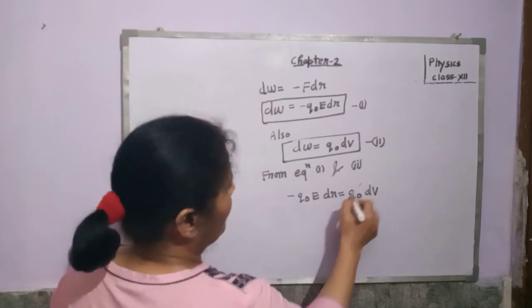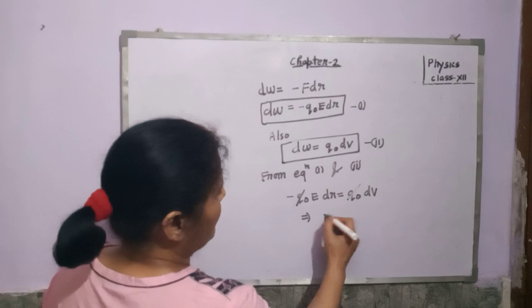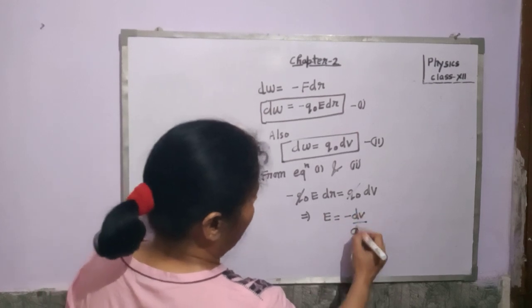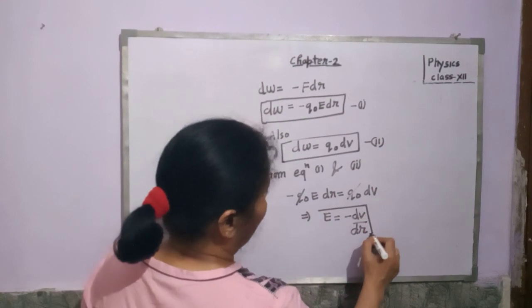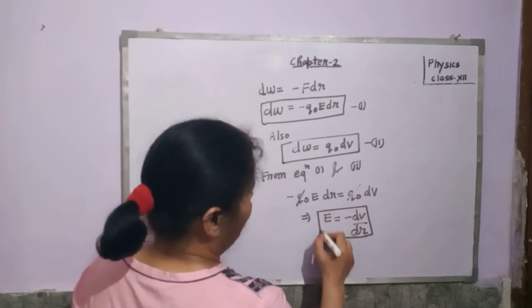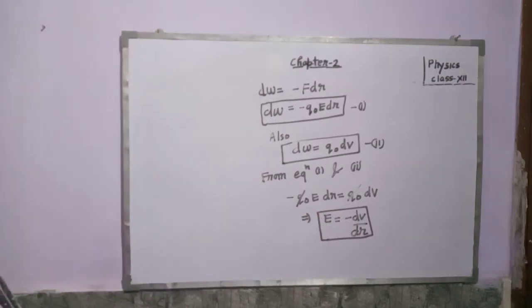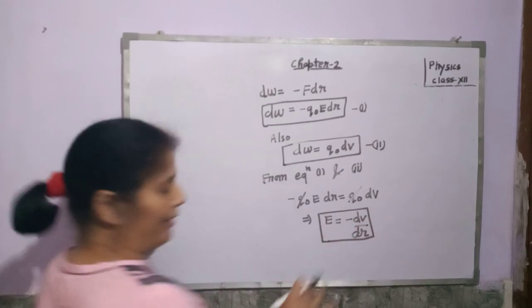Here q naught and q naught cancel out. Then E becomes equal to minus dV upon dr. Or you can say electric field can be expressed as the negative gradient of potential. This is the relation between the electric field and potential gradient.